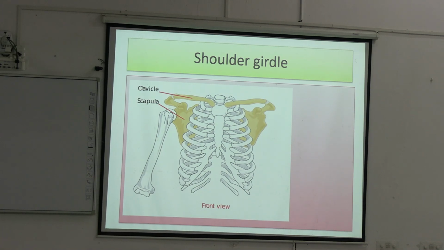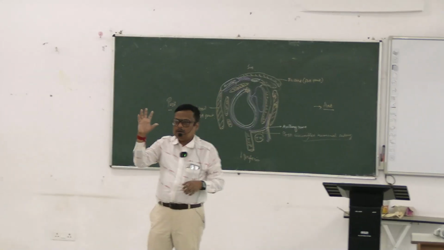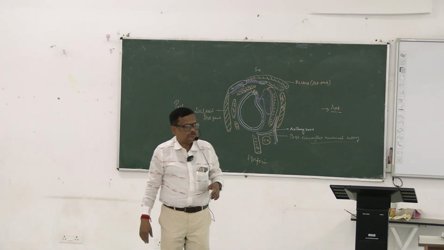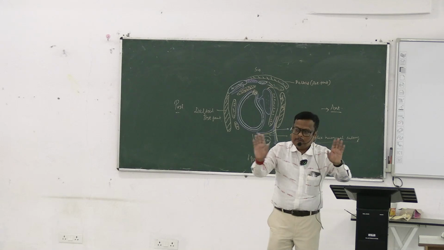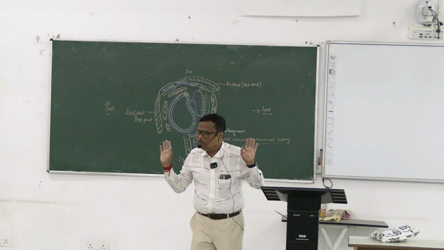For example, for flexion of the fingers, flexor digitorum superficialis and flexor digitorum profundus are the prime movers. So prime mover is clear, right?